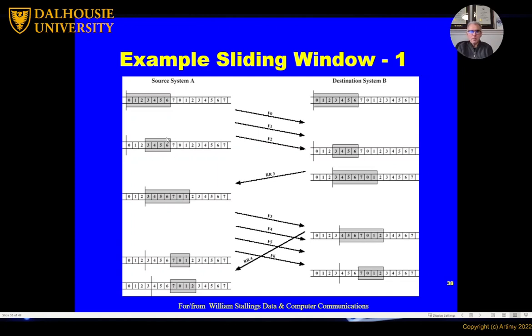This means that the source cannot send more than 4 frames, because it has 3 already sent and it didn't receive acknowledgement for them. It still can send 3, 4, 5, 6, right? It's still possible.